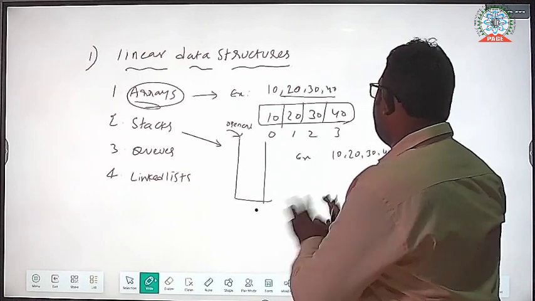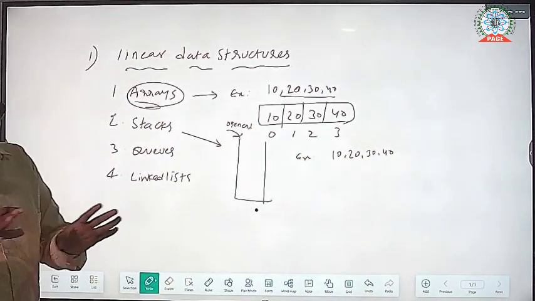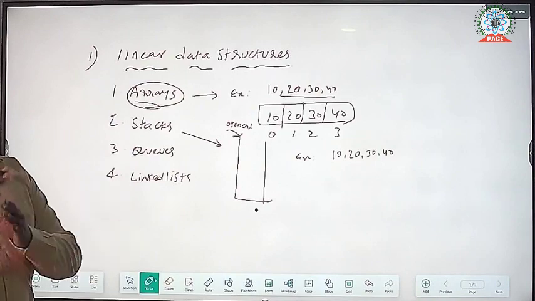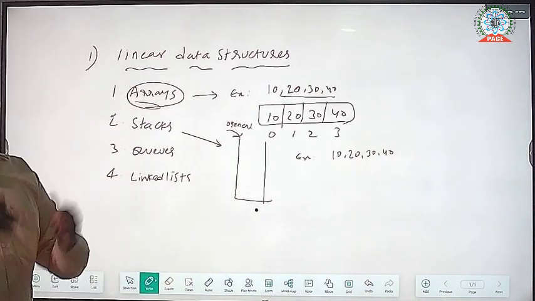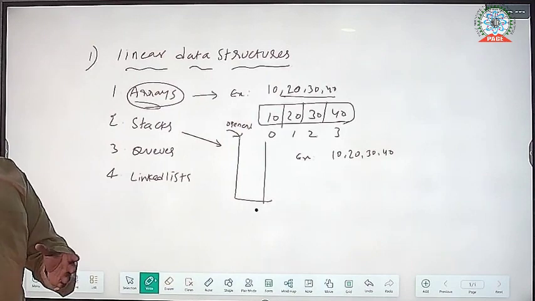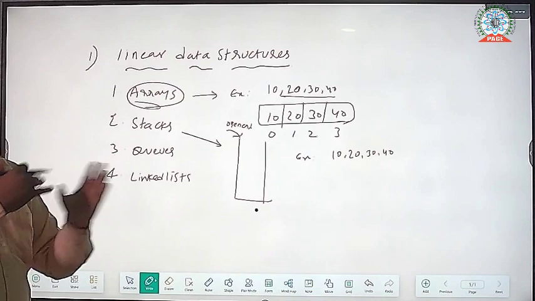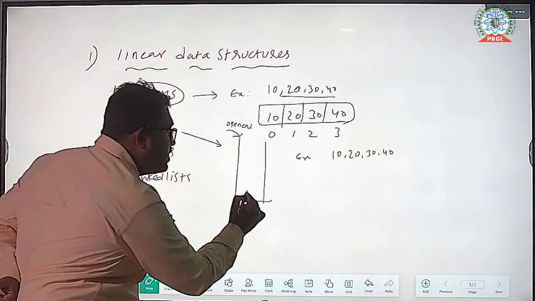In this video I am going to explain briefly, in a brief manner, how to arrange the elements in a stack. In the next videos, when we go into detail about the stack, I will explain the operations and how we perform them. Now the arrangement should be like this.